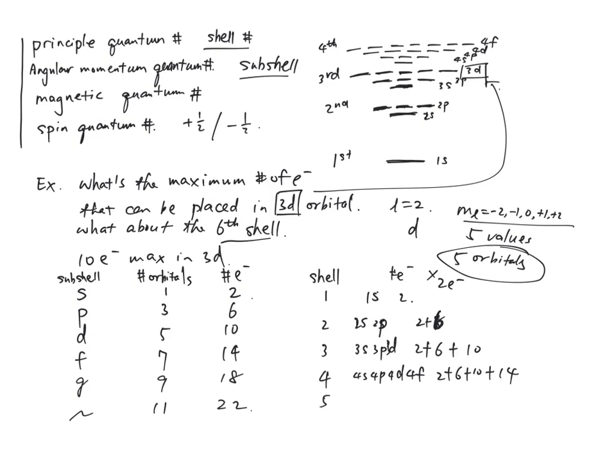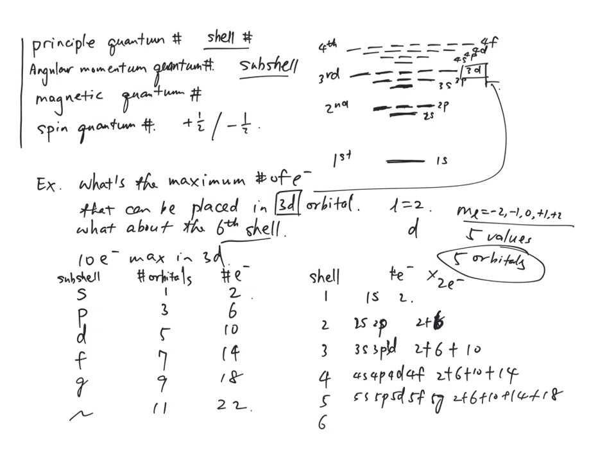Now, fifth: 5s, 5p, 5d, 5f, 5g, 2 plus 6 plus 10 plus 14 plus 18.